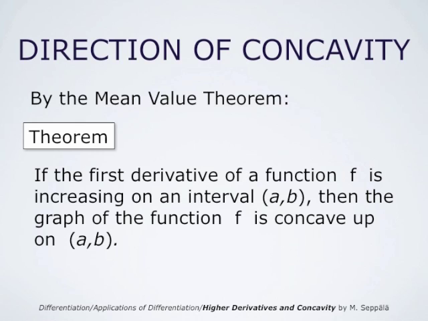Recall that by the mean value theorem we have already seen that if the first derivative of a function is increasing on an interval from a to b, then the graph of the function is concave up on that interval.